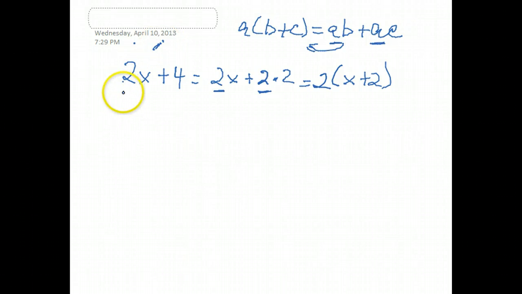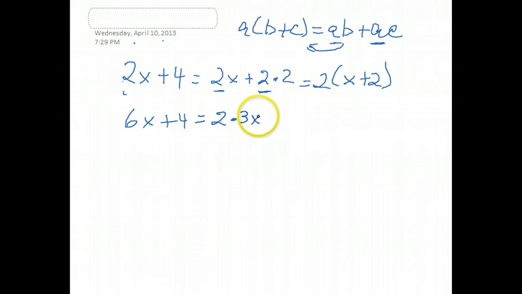So let's say I have 6x plus 4. What is my common factor of the 6x and the 4? Well, if I want to break it down, I see that it's 2, isn't it? So it's 2 times 3x plus 2 times 2.